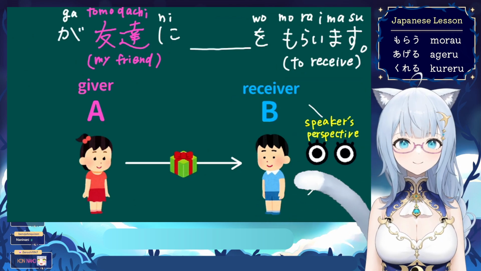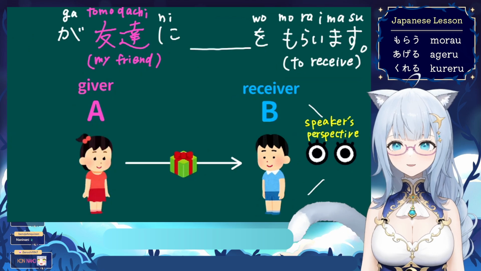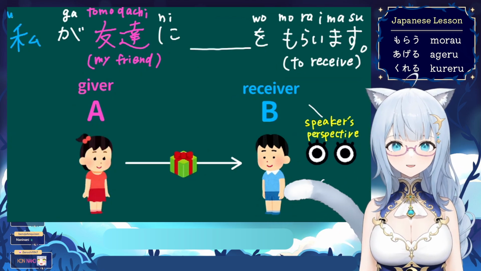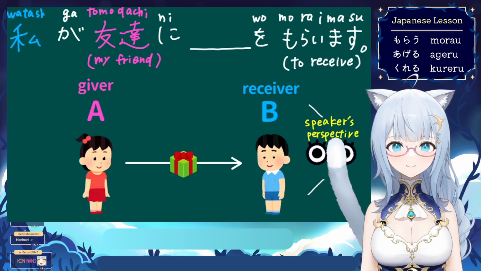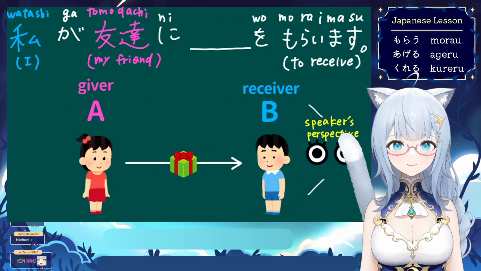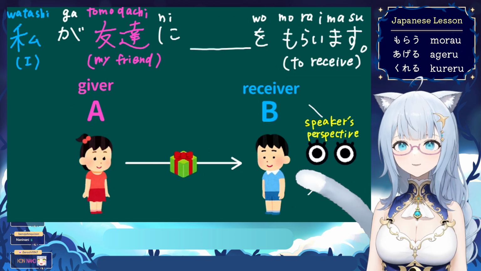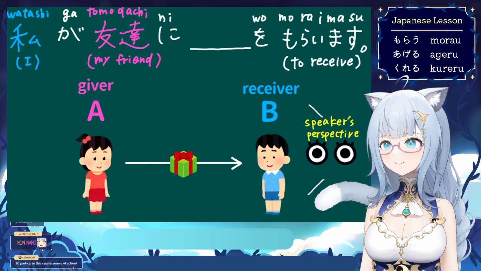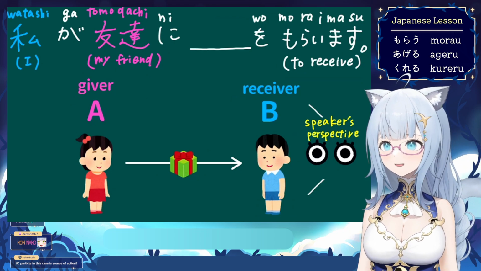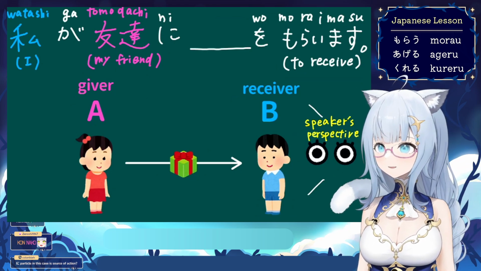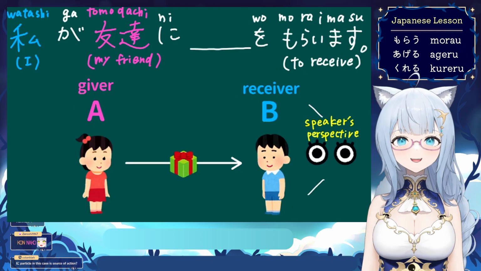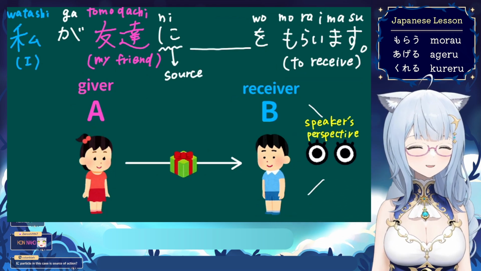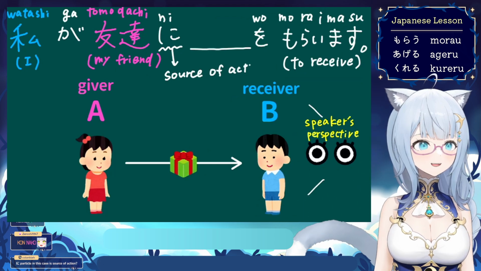And receiver B is me, so 私. So I receive something from my friend. The particle に in this case is the source of action. Exactly! Yes, correct. This is a source of action.